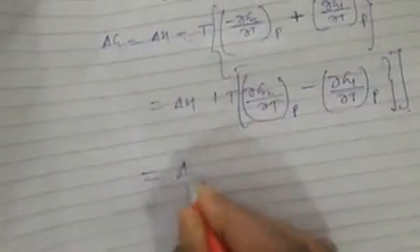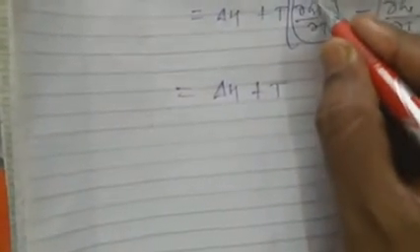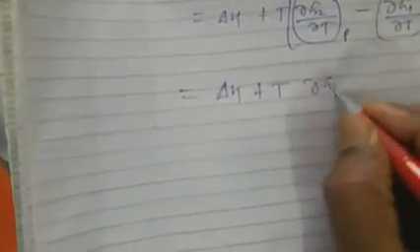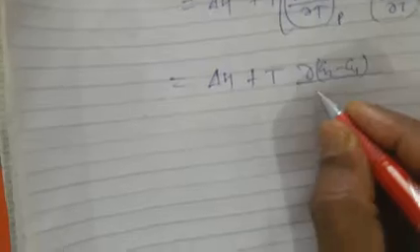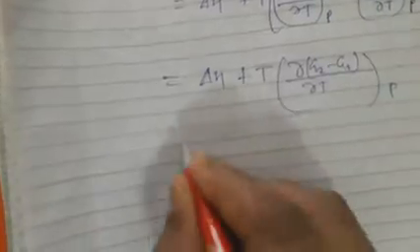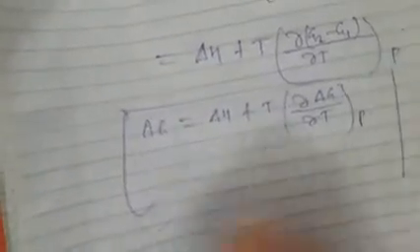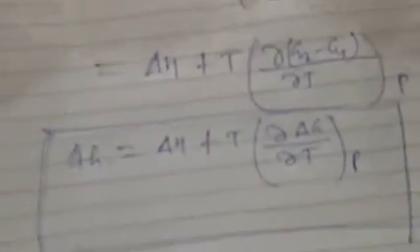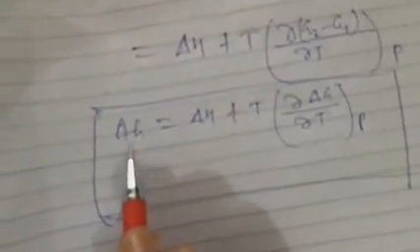Now delta H plus T, and this is free energy, this is free energy, so the same quantity can be subtracted here. So G2 minus G1, mathematically it can be written as this, and G2 minus G1, that is our delta G, so delta G by delta T at P. Here I am commenting on 2 points.